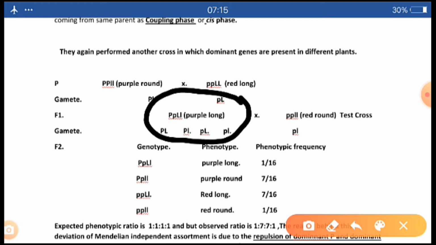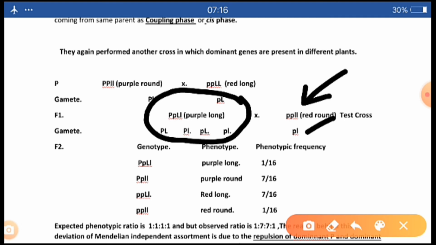And to perform the test cross, this one is the genotype of the recessive parent. Okay, so this is the gamete of the recessive parent.